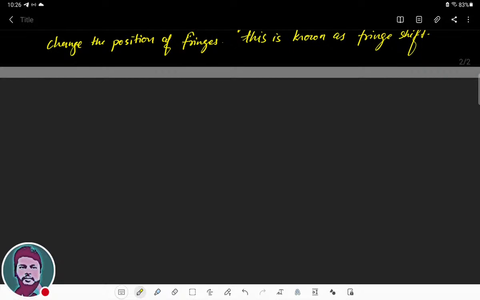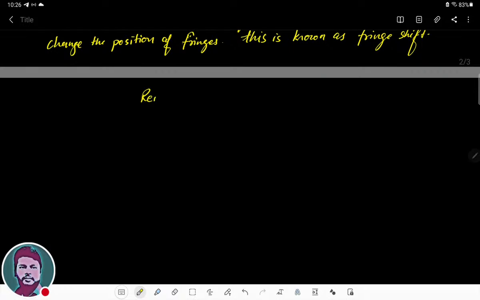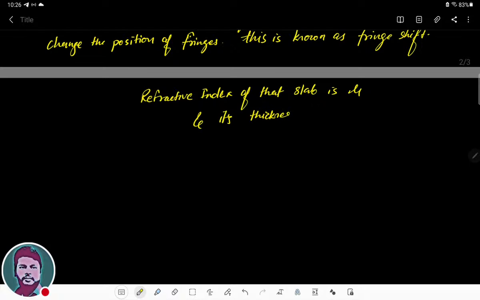Now just take out the value of this fringe shift. So we assume that the refractive index of that slab is mu, and its thickness is t.